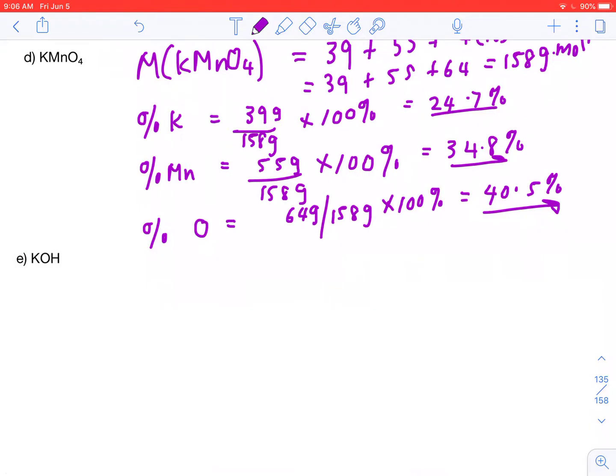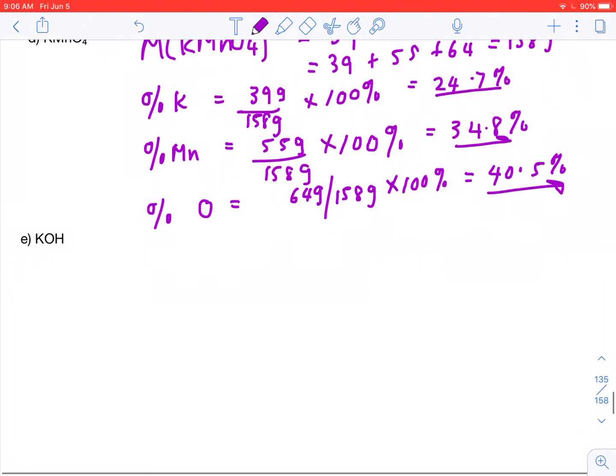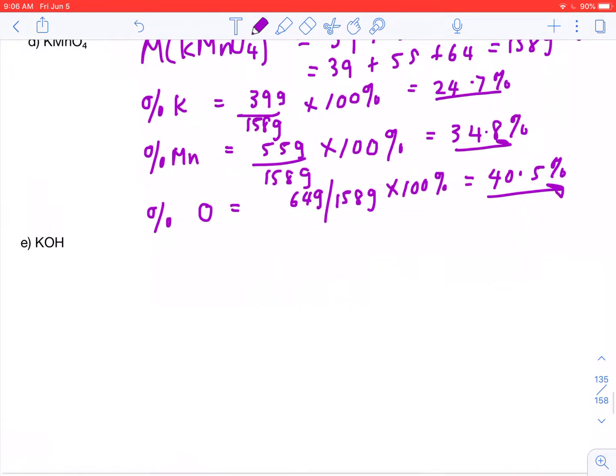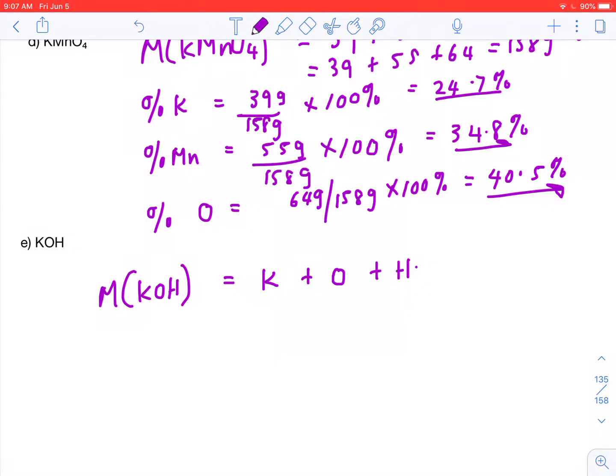Potassium hydroxide. We've got potassium hydroxide, and we just got the relative atomic mass of potassium in our previous question. So let's look at this one. We have the M of KOH, which is the same as 1 mole of K plus 1 mole of oxygen plus 1 mole of hydrogen.